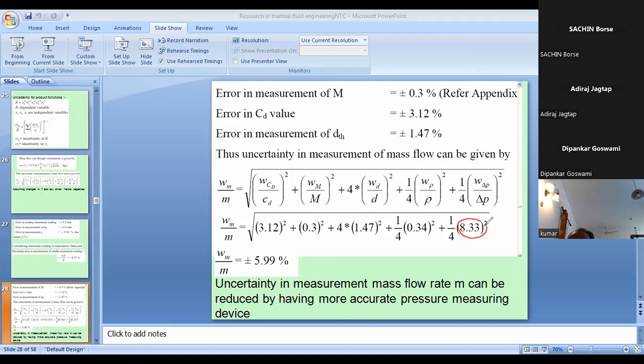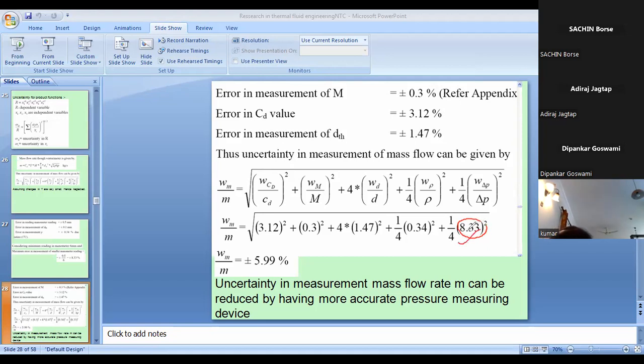So it is a very big value. Please understand why I was telling you to do the uncertainty calculation before the start of the experiment, to know which will give the more error. Here the pressure measurement is giving the more error.